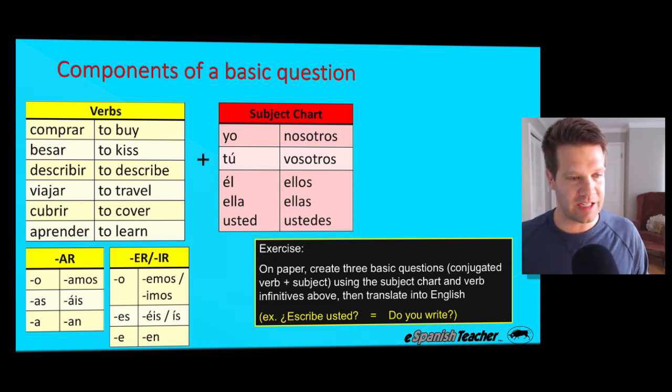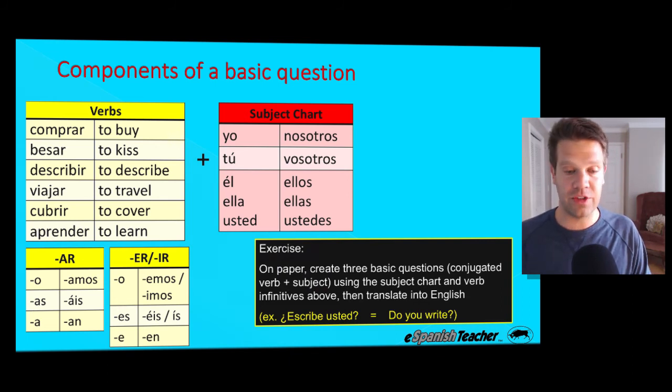So I'm going to select the verb viajar and the subject ella. All right. So ella is my subject. That determines how I'm going to conjugate this verb. So it's an AR verb, so I'm going to look at the AR verb conjugation chart. I'm going to drop the AR from viajar and add the correct conjugation, which is just the letter A. So my basic question now is ¿viaja ella?